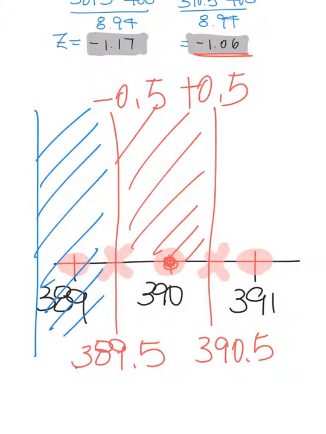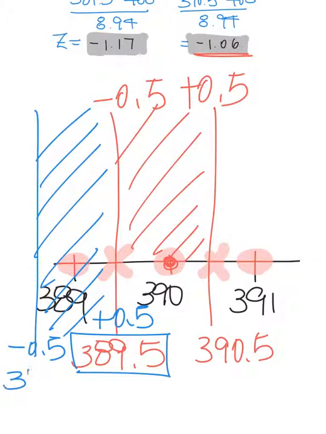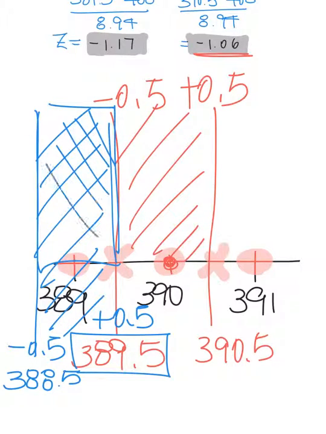In this case, adding and subtracting 0.5 gives 388.5 for this one, which is for 389.